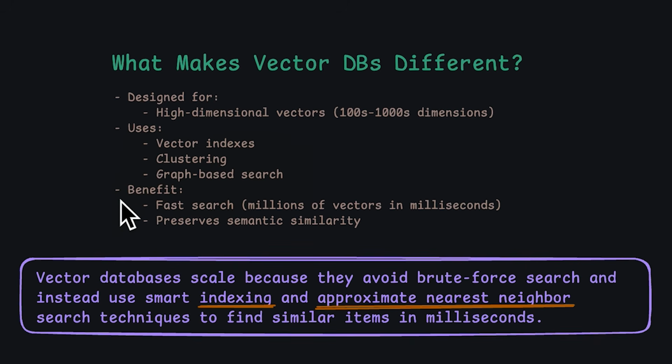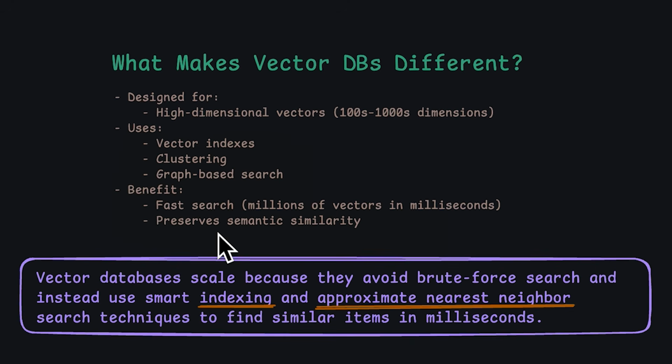So the benefit we get is fast search. It can search millions of vectors in milliseconds, while also preserving the semantic meaning. That is where the vector database is very efficient.